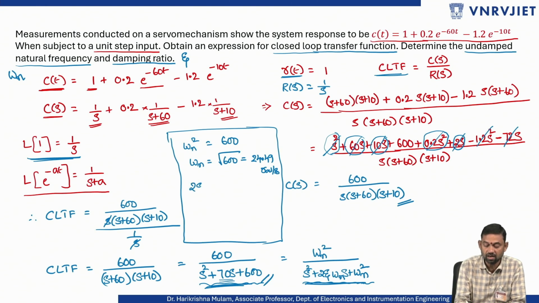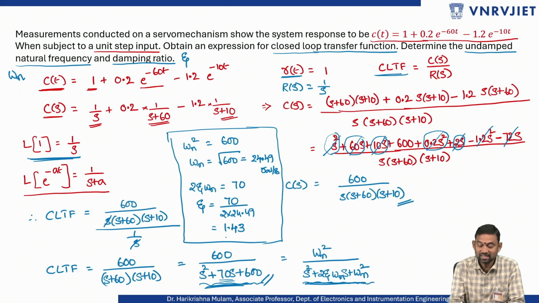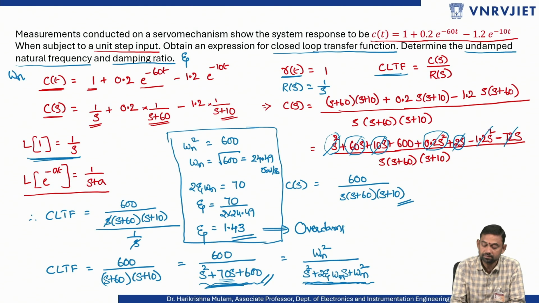Therefore 2 zeta omega n is equal to 70. Therefore zeta is equal to 70 by 2 into omega n, which is 24.49 radian per second, and if you find the zeta value you will get it as 1.43. As the zeta value, damping ratio of the system, is greater than 1, this system is an over-damped system.